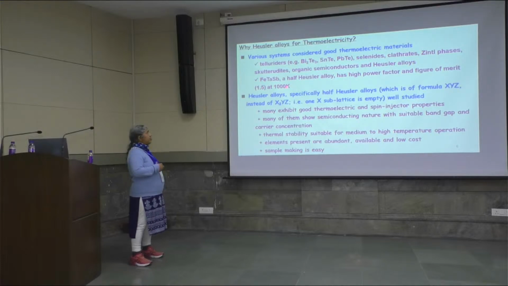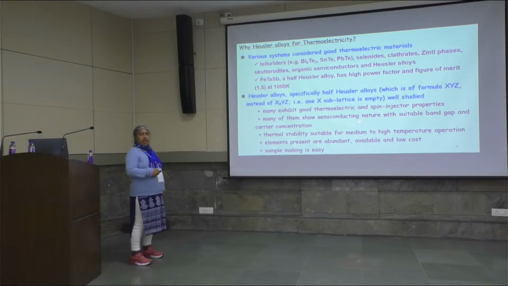She said that these are mostly mid to high temperature alloys, which are useful for the mid to high temperature range. So Heusler alloys, specifically half Heusler alloys, are of the formula XYZ, where out of the X2YZ structure one of the sublattices is empty. They exhibit good thermoelectric and spin injector properties, and many of them show semiconducting nature with suitable band gap and carrier concentration.